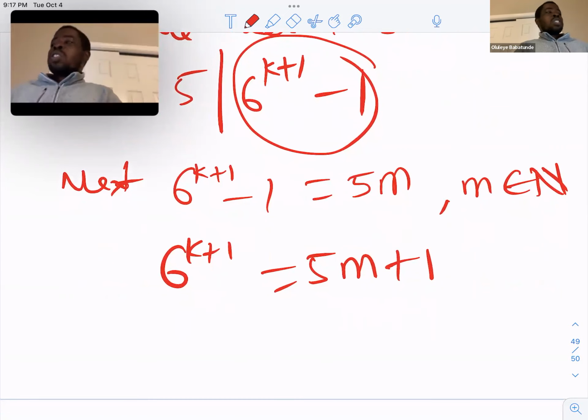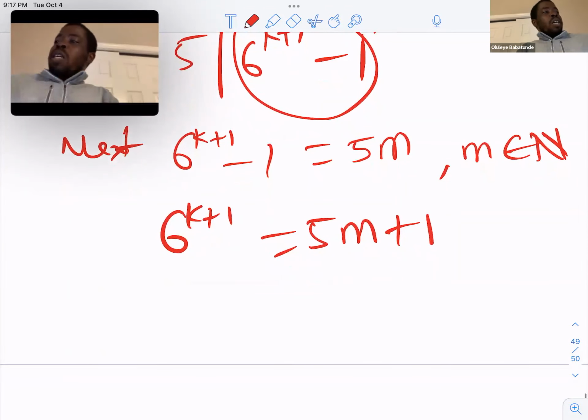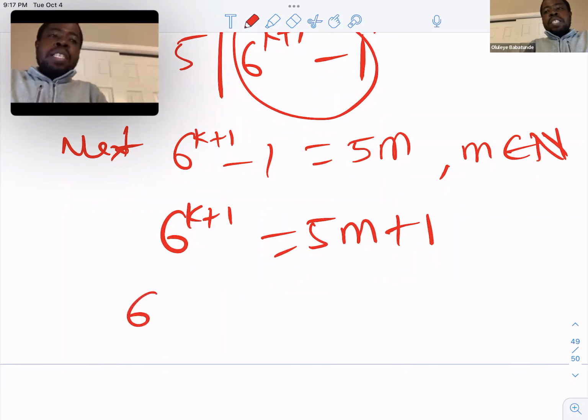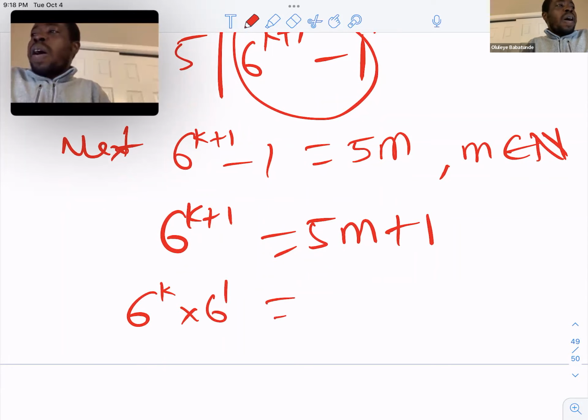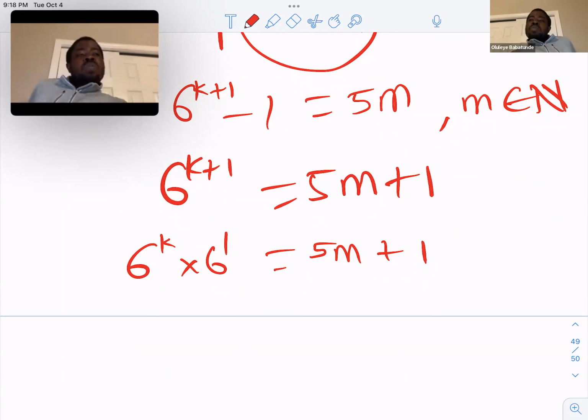And indeed, 6 raised to the power k plus 1 can be written as 6 raised to the power k times 6 raised to the power 1 equals 5m plus 1. Okay?